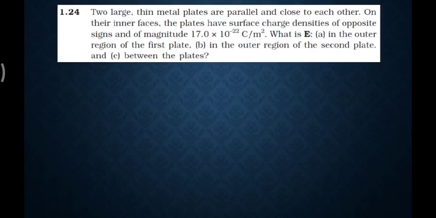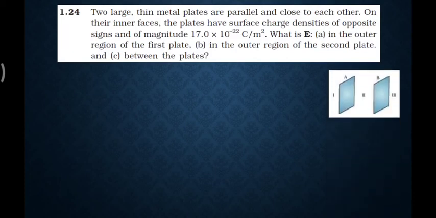Last and final: two large thin metal plates enclose close to each other. On their inner faces, the plates have surface charge density. So those metal plates have charge, and the surface charge density is 17 into 10 to the power minus 22. What is E?